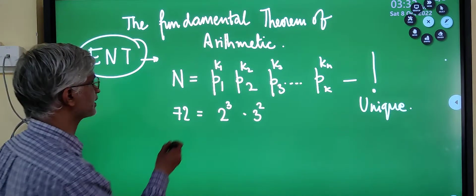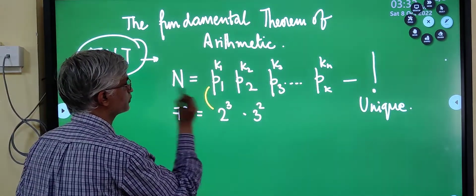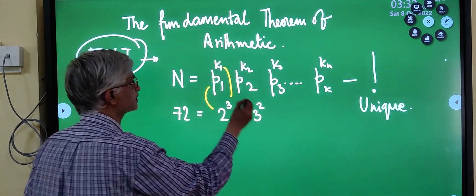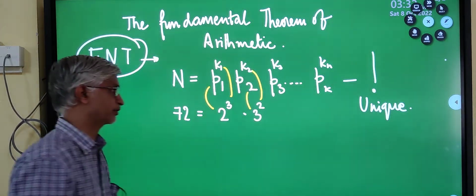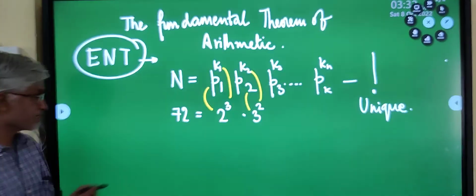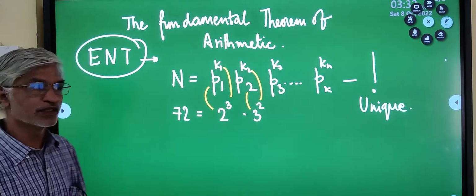So here you can see that P1 could be 2 and K1 could be 3, P2 could be 3, K2 could be 2, and so on. Now, this is the prime factorization of 72.